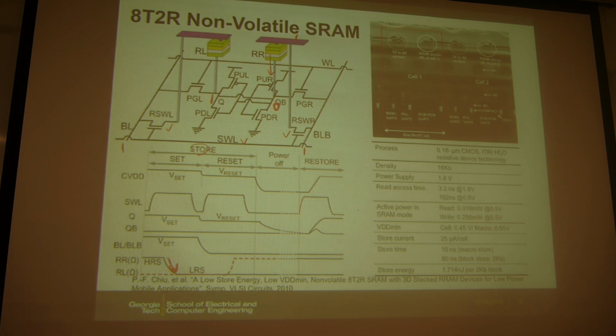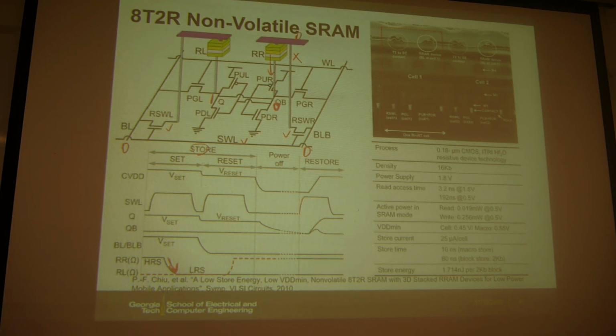So this is your store RR, but this is a complementary operation, so you need to do one more cycle to reset the RL if it's in the no resistance state to start with. Now the second cycle is you are going to have bit line bar to be 0. Now this one will have low current because 0 and 0.